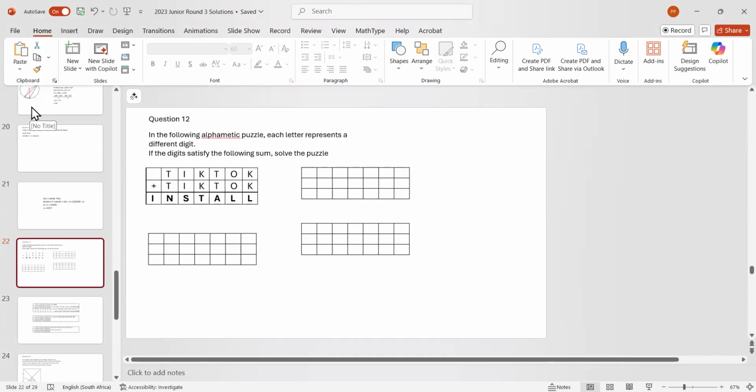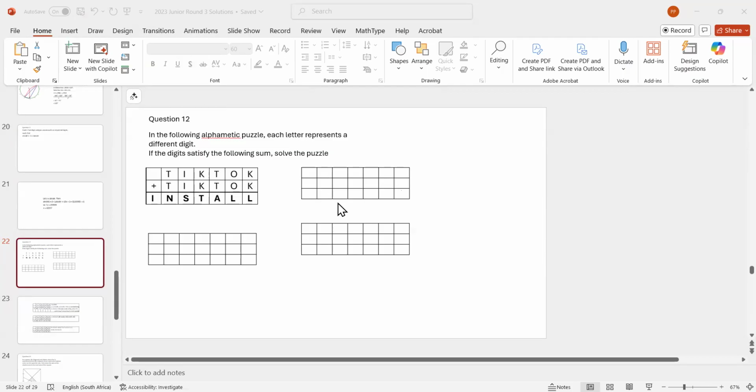In this particular problem, you have a 6-digit number, TIKTOK, plus itself equal to INSTALL. That's an interesting alphametric because it actually tells a story: install TikTok. But what are the letters which make the sum? There's a plus sign here.